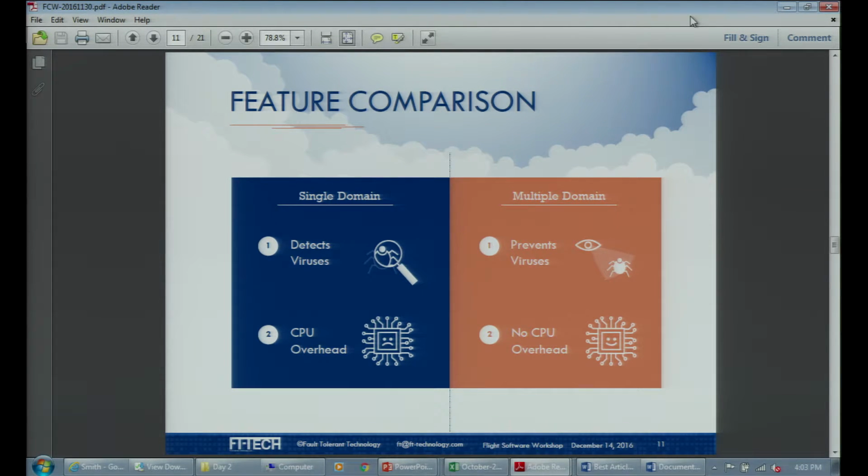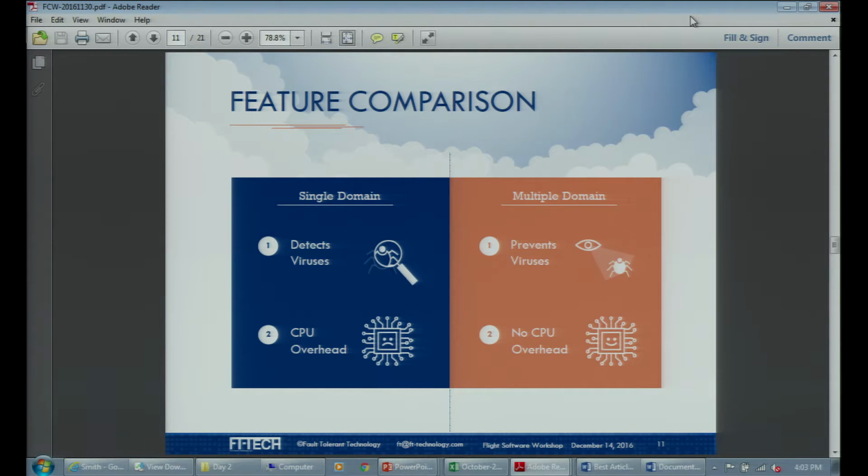Next, I want to talk about some comparison features about the CPU overhead. A couple slides ago, we were talking about one of the drawbacks of the 653 architecture was the overhead. It takes a lot of overhead to do this stuff. And so why not put all of the overhead in a separate address space? And that's exactly what the multi-domain architecture does.